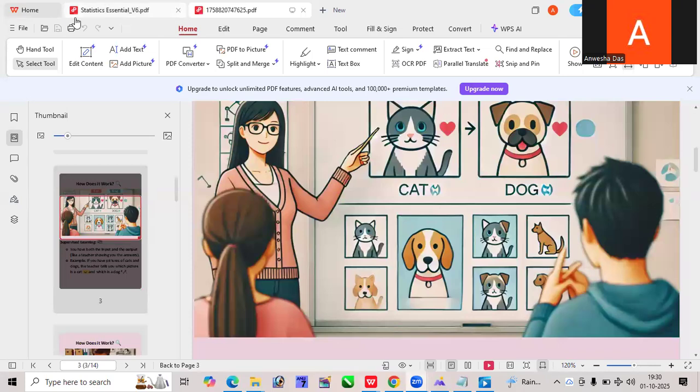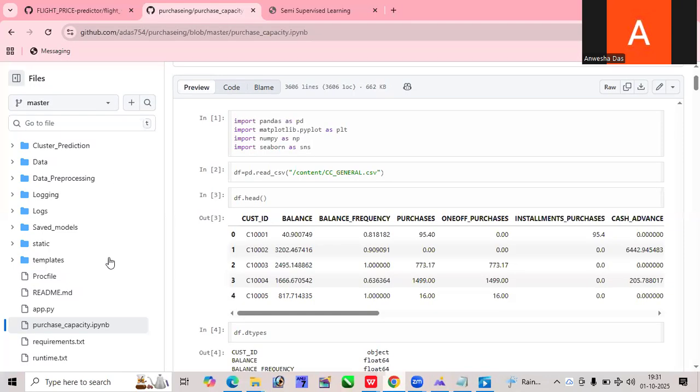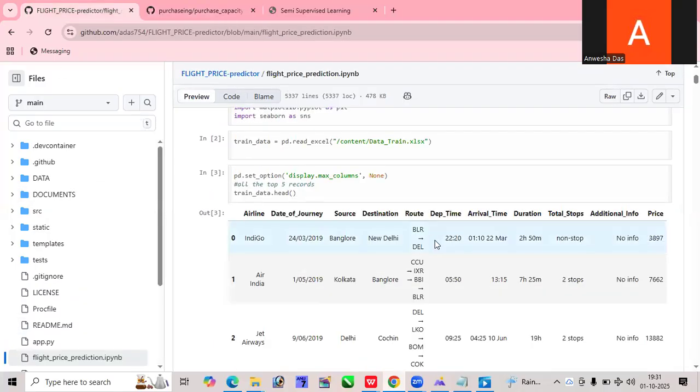Now I have taken another example, that is the flight fare prediction problem. I have taken this dataset from Kaggle. There are airline, date of journey, source, destination, route, departure time, arrival time, duration, total stops, and additional info. Based on that, it is predicting the price.